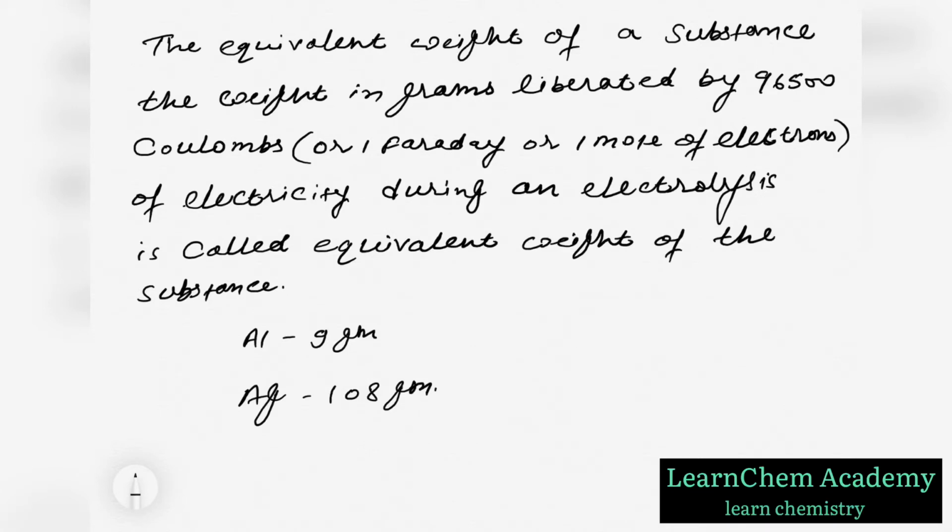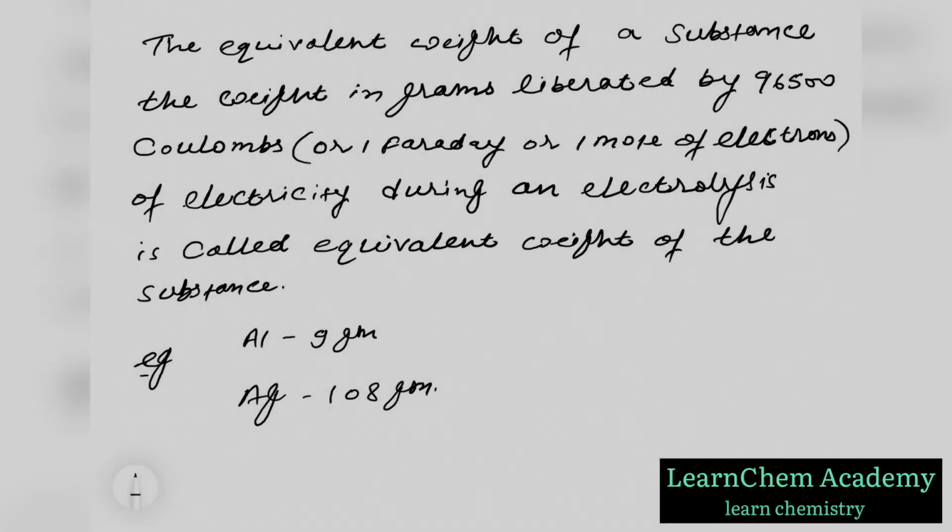So these are examples of equivalent weight. If we are taking aluminium electrodes and supplying 1 mole of electrons, then the mass liberated is 9 gram.